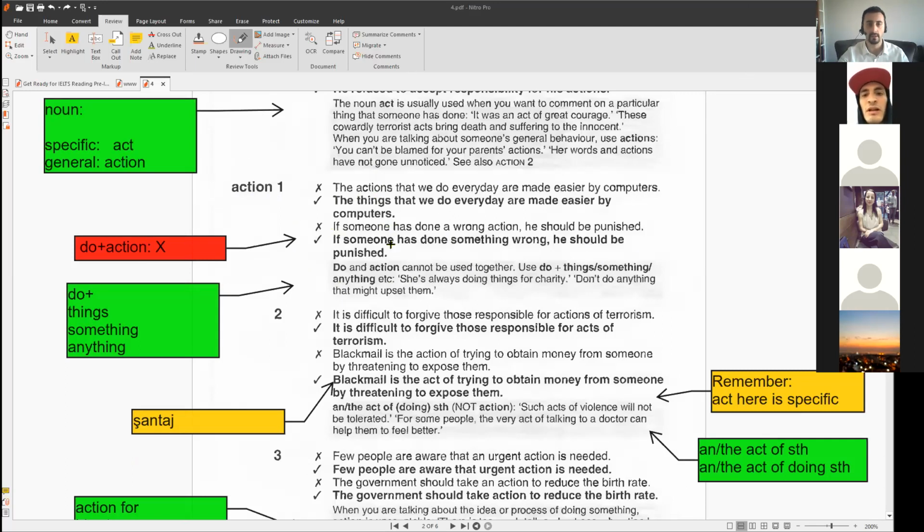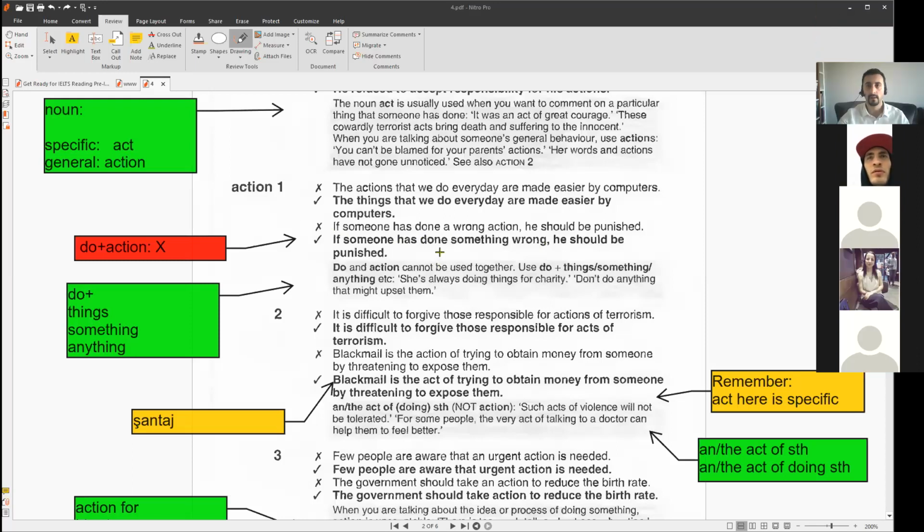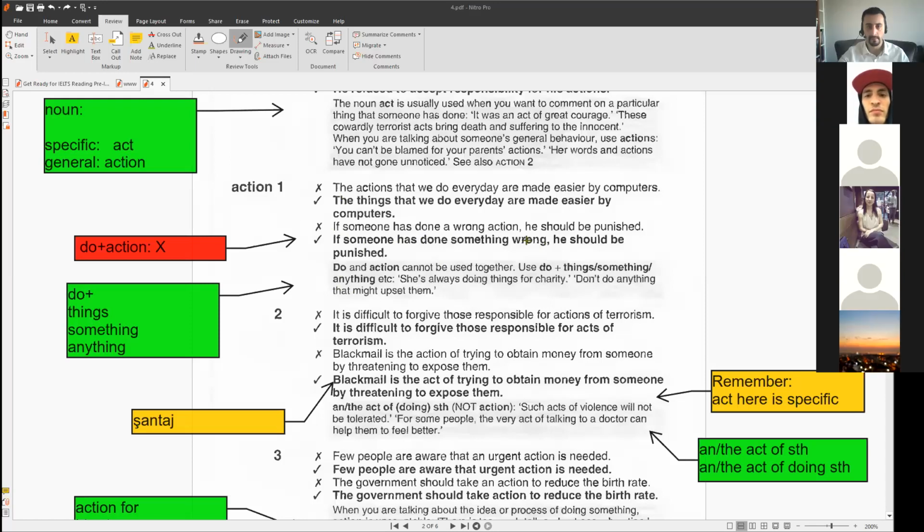Let's continue. Another example. Yes, Enisa, read it. If someone has done a wrong action, he should be punished. If someone has done something wrong, he should be punished. Yeah, again, has done, as you see here, done and action, done something. So let's see here. Tuba, can you read this part?